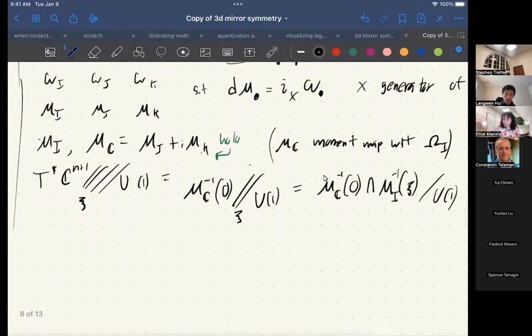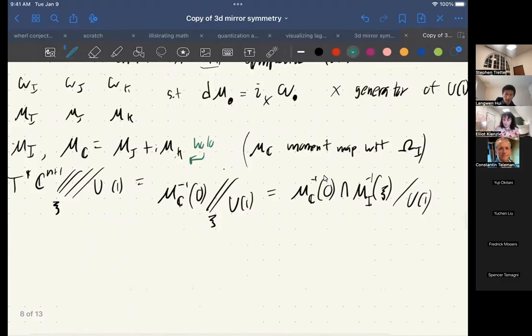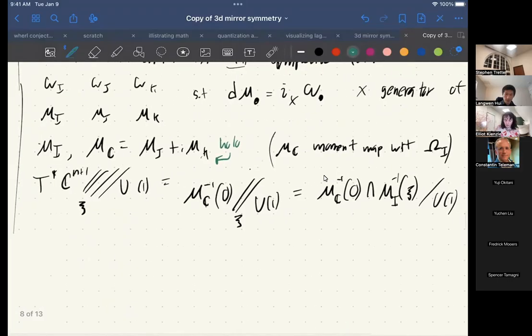Okay, so why did I do 4 slashes here? Let's keep track of the dimension. This is dimension 4n+1. This loses 2 dimensions.